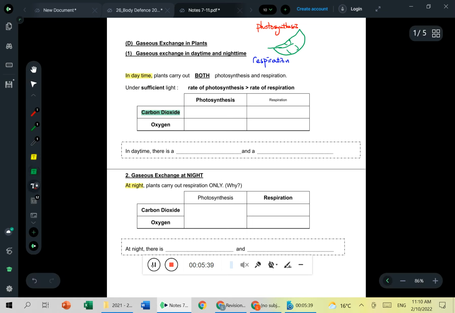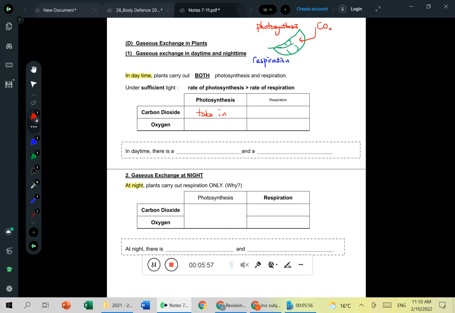So I pick one gas to think about first. So I think like this. Photosynthesis takes in CO2. Respiration gives out CO2.